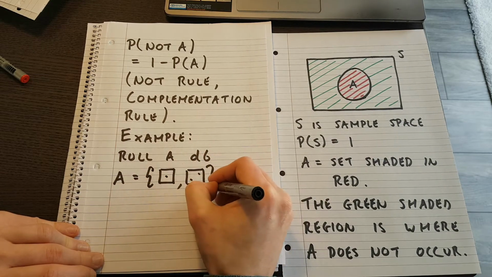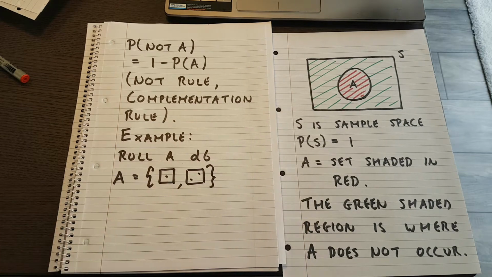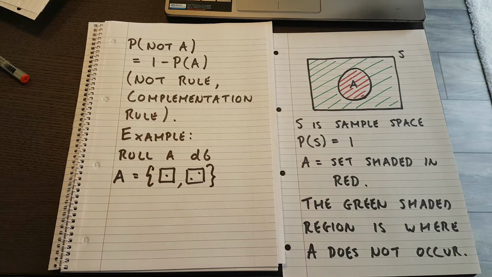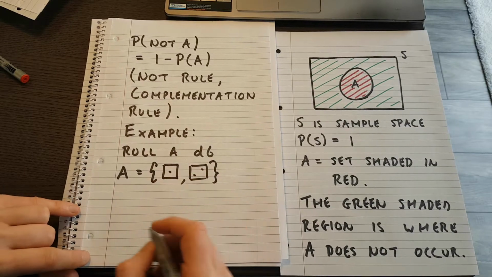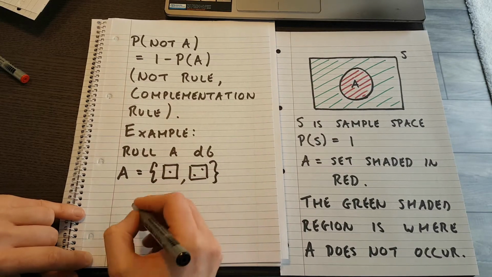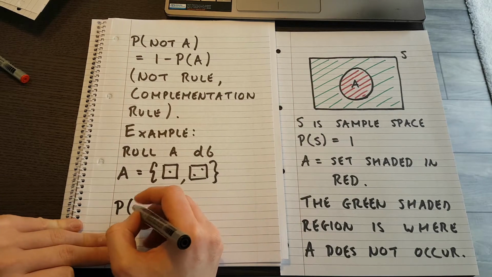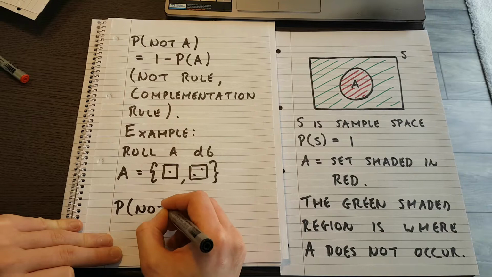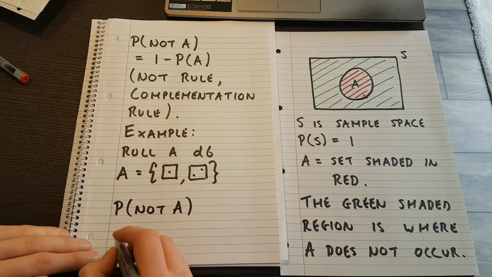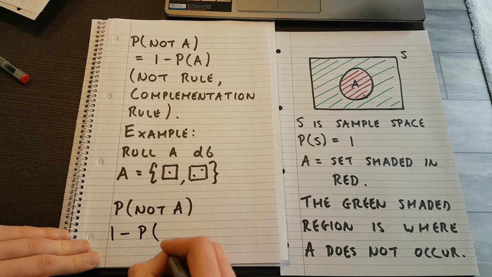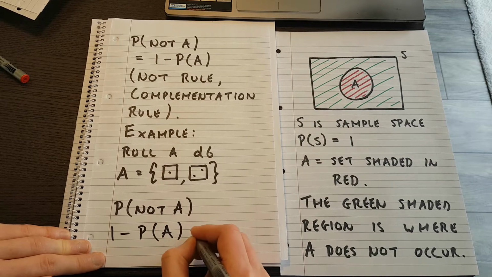What is the probability that I don't get a 1 or a 2? The probability of not A would have to be 1 minus the probability of A.